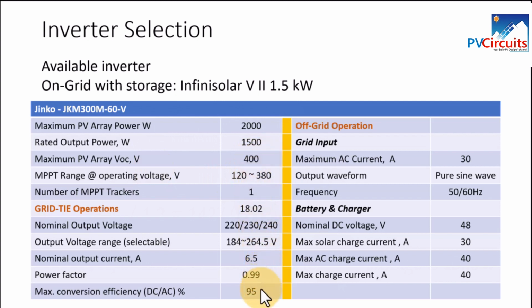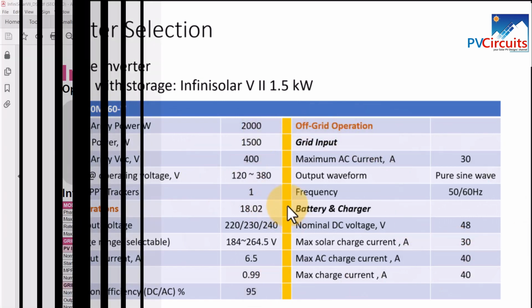There are many other parameters here which have been listed, and what we see is that it is a 48 volt charging capacity, so the batteries that it will charge have to be in series such that they're a total of 48 volts. Then the maximum charge current is 40. Generally those are the specifications of that inverter.